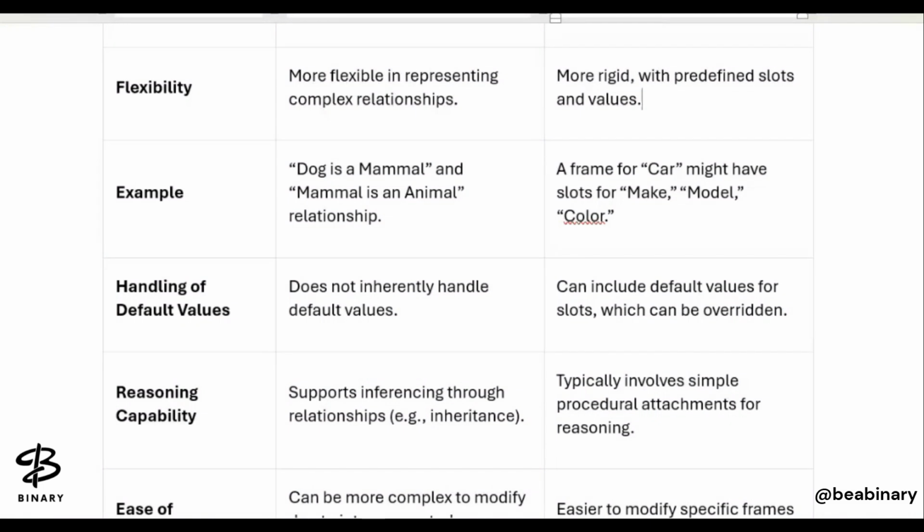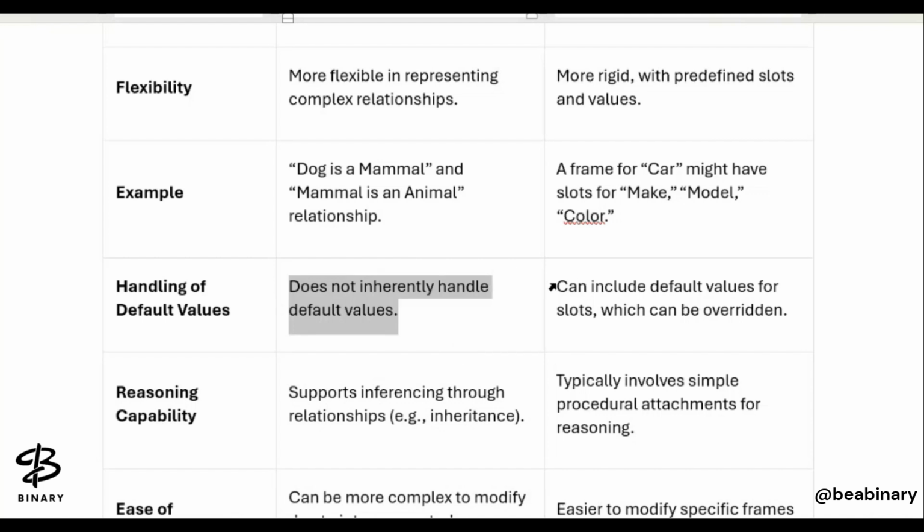So we are providing the description here. Then in the handling of default values, which is another important component of a frame, we had talked about default values. In the semantic network, we didn't talk about default values, so another difference is that it does not inherently handle default values.